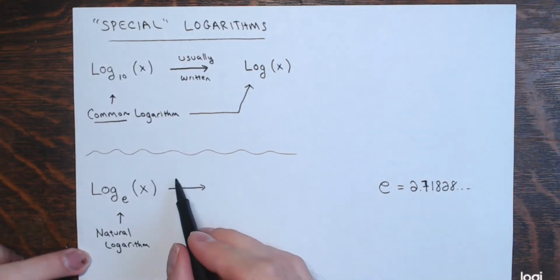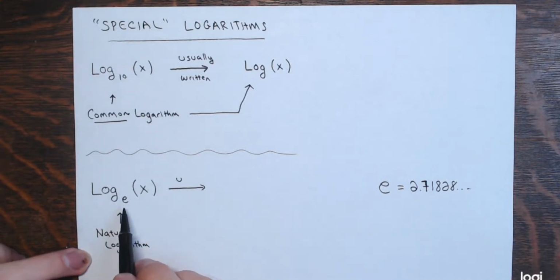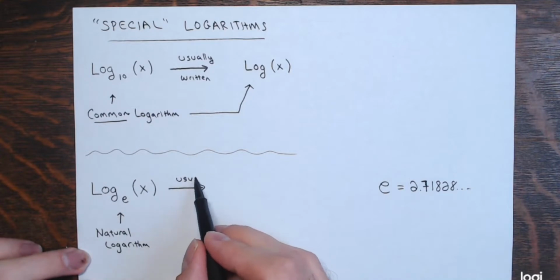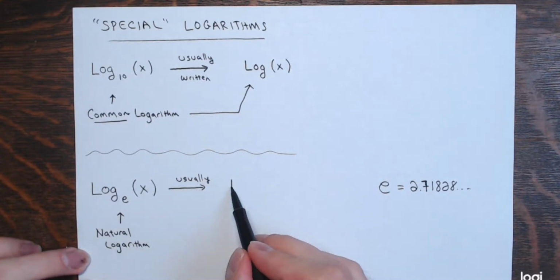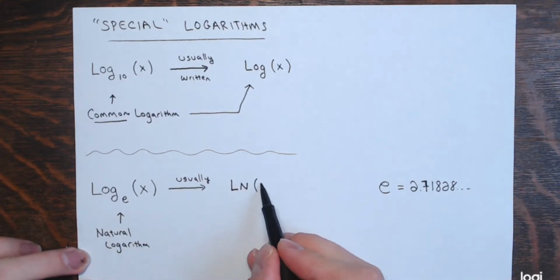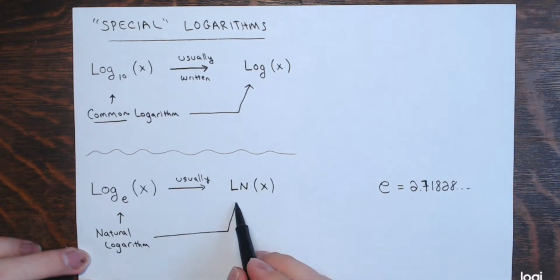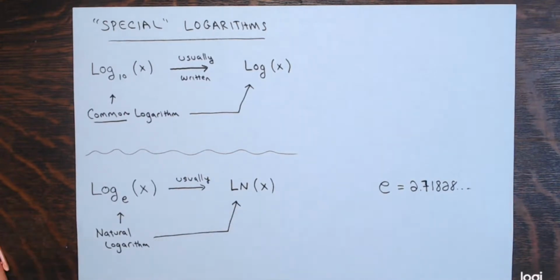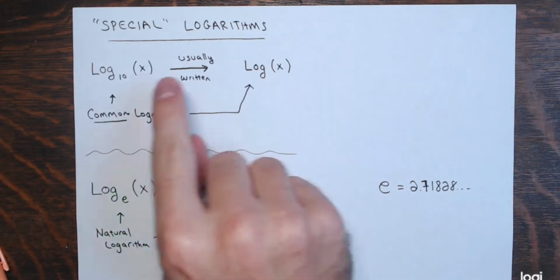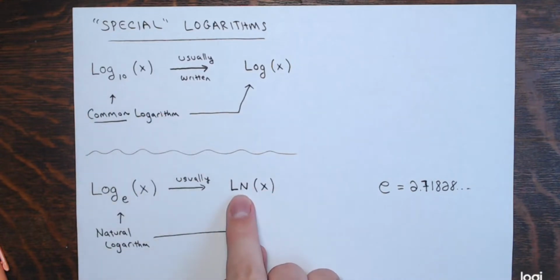Again, you usually won't see this. In some books I've seen log with the base e written like this, but this is usually written as ln. And you'll see this a lot on calculators, ln. Now, on calculators, usually you see log for log base 10, and this ln for log base e.